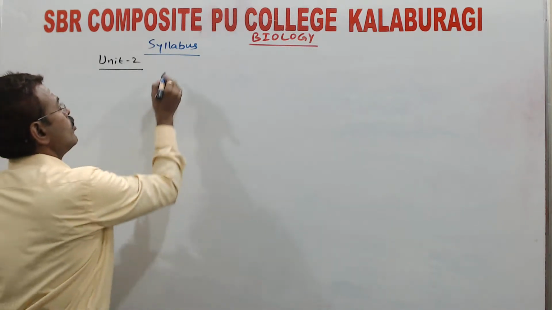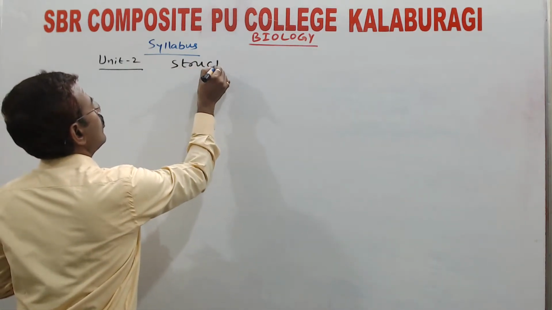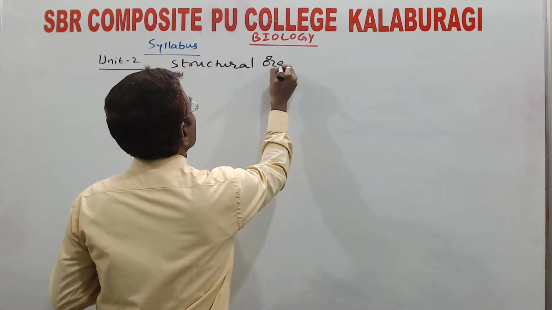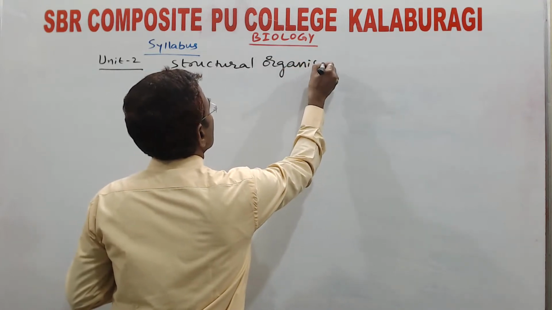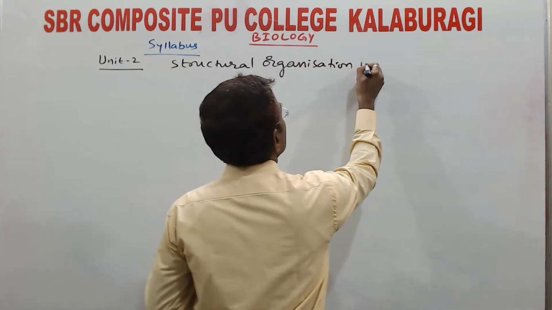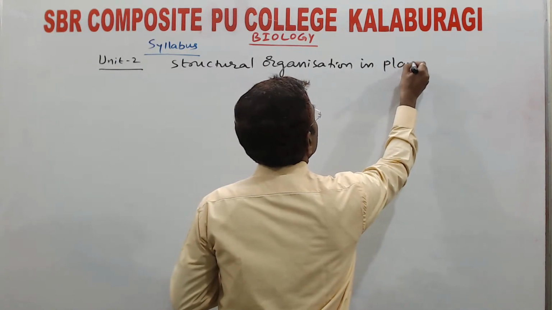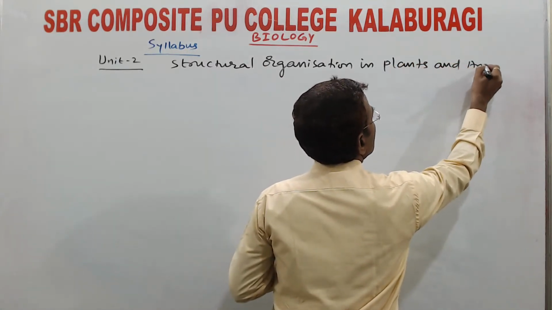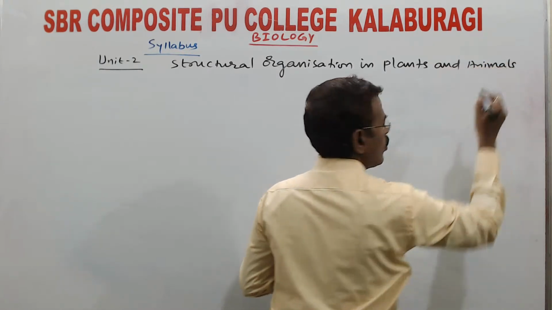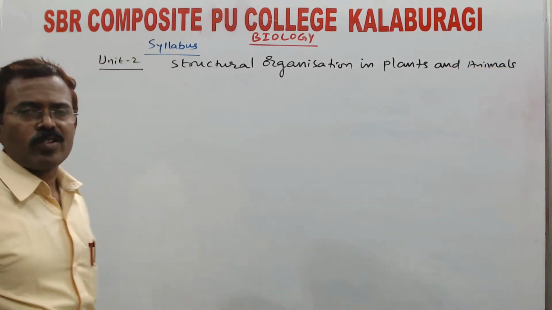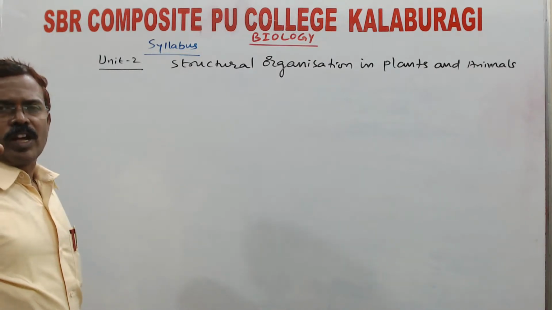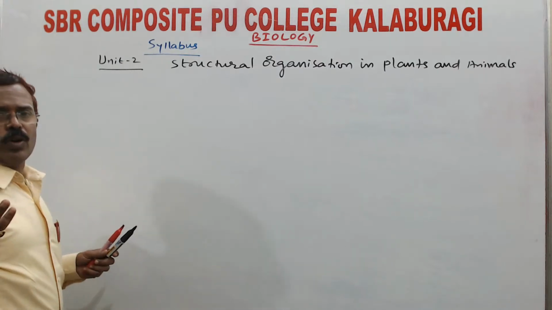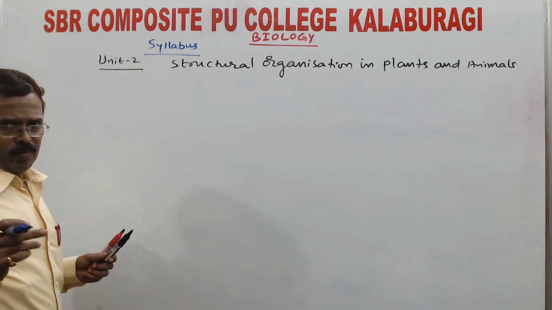Unit 2 is structural organization in plants and animals. In this we have mainly 2 botany chapters. Living world, biological classification, plant kingdom, 3 chapters.